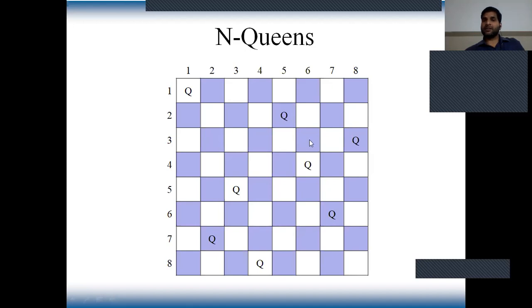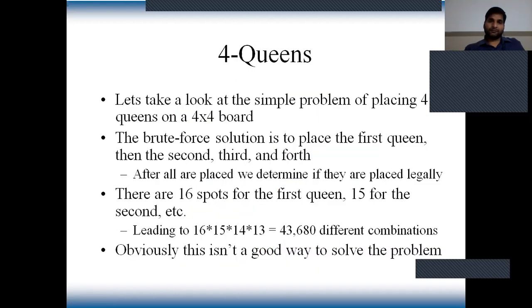In the third row, the queen placed here moves along this column vertically, horizontally, and diagonally, so no queen is in those places, so this is a proper place. This is one solution of the 8 queen problem. There are several possible solutions of the 8 queen problem.